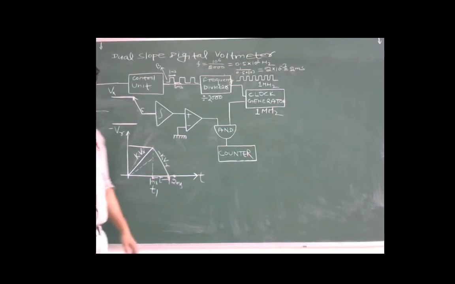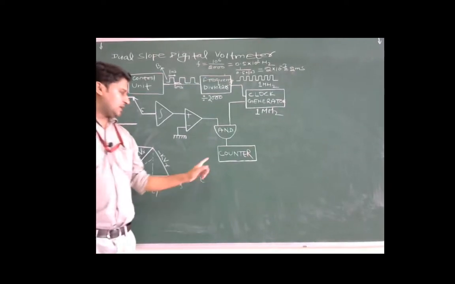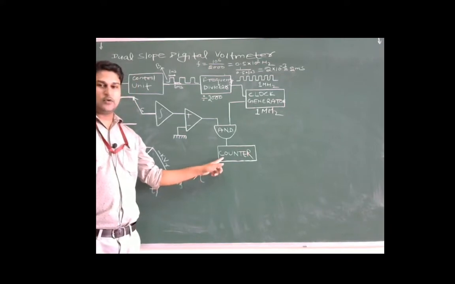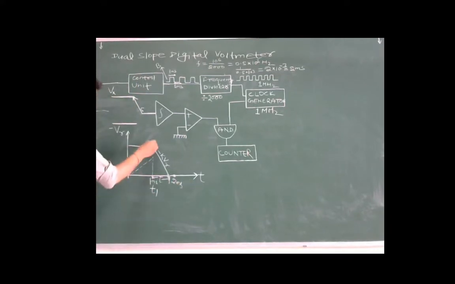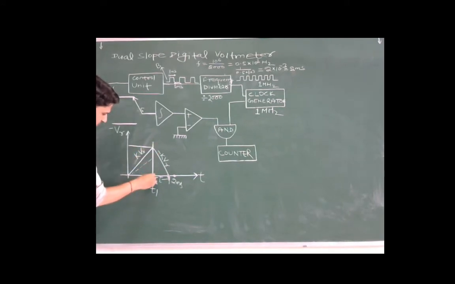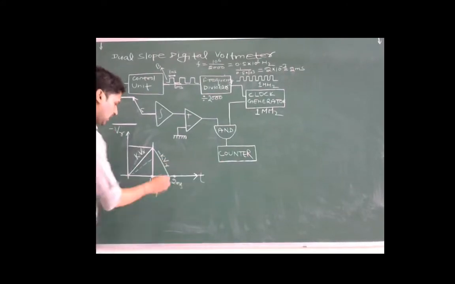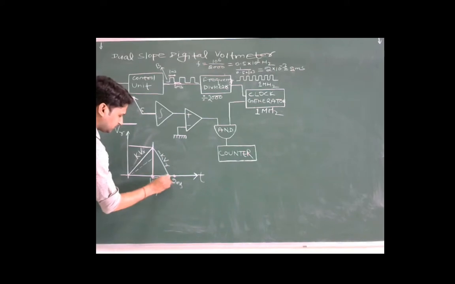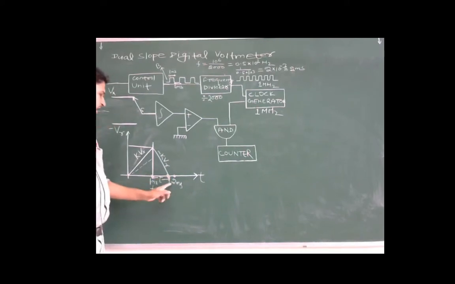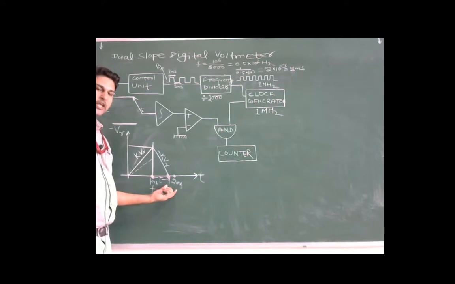So it means that this counter should start the counting from here, and it should stop the counting at this point. At this point, the counter will stop the counting automatically. Why?